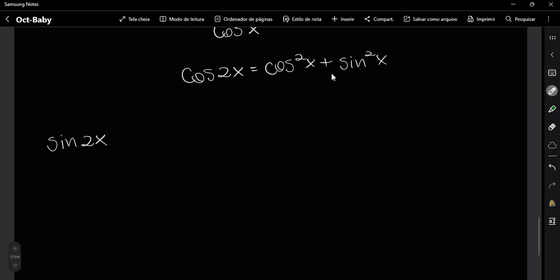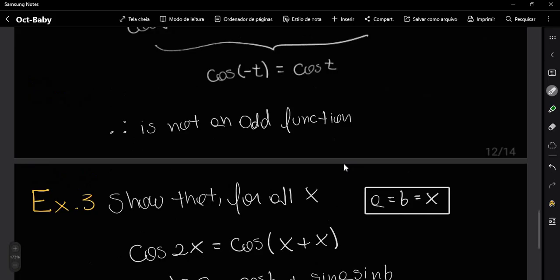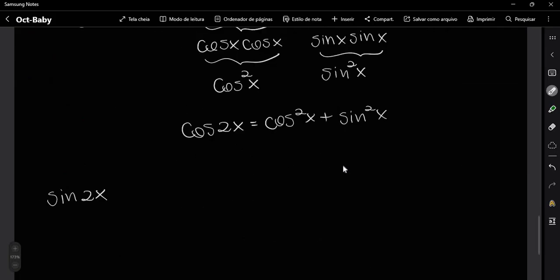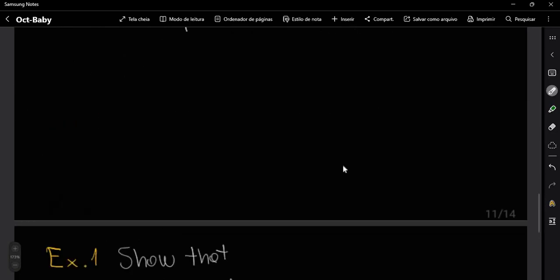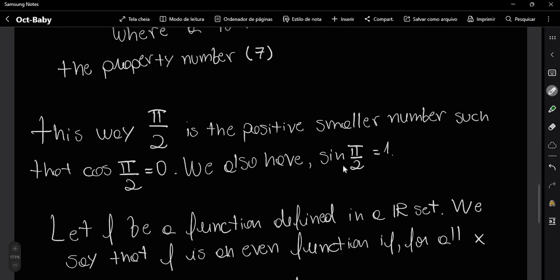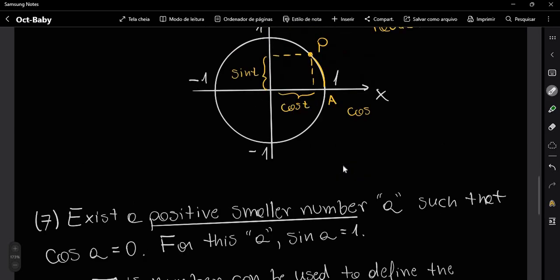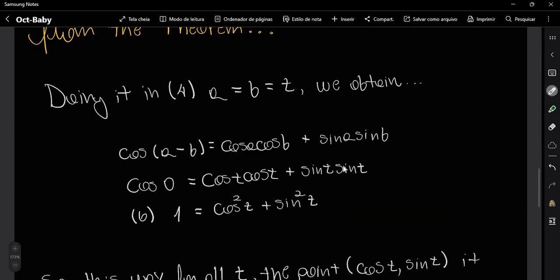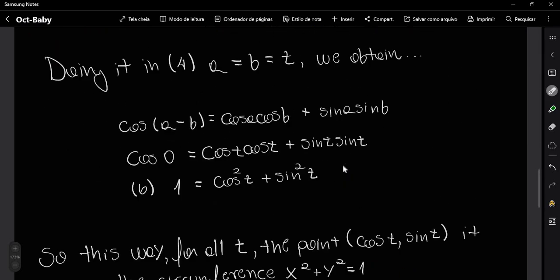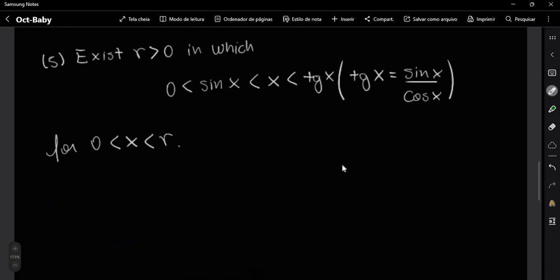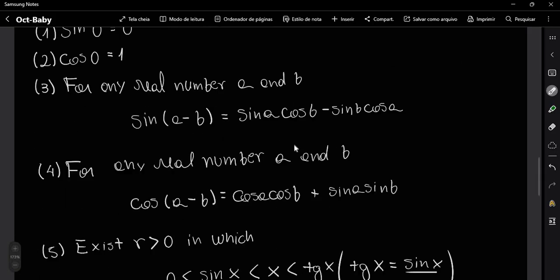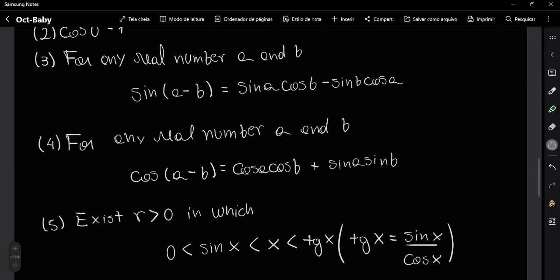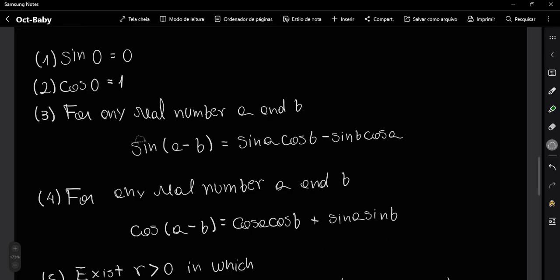Let's say it is asking us to calculate sine of 2x. Okay, and let's bring the properties related to sine, and if you can notice, this is a sum of arcs, and right here the property number 3.